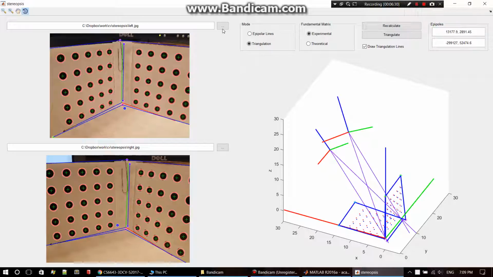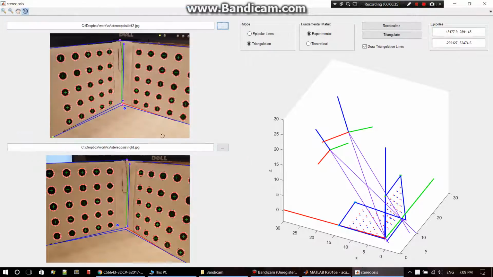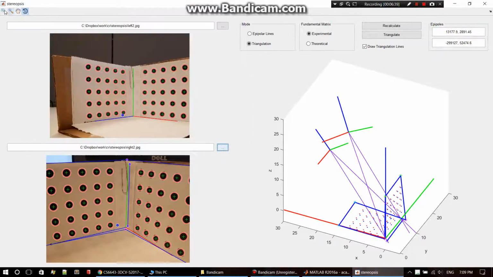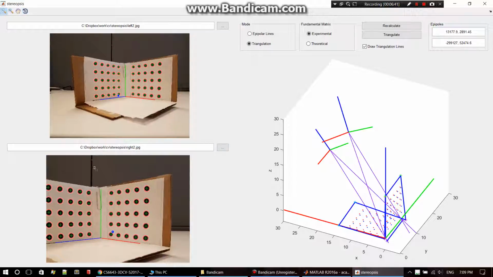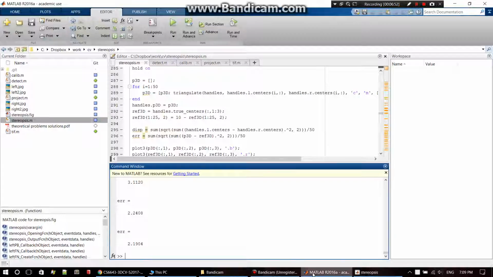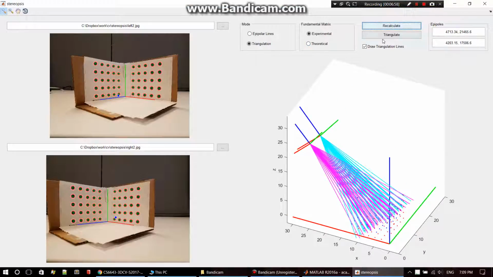I would like to demonstrate another thing with other set of images. Here, bottom image, right image was taken 4.9 centimeters to the right with respect to the left image. First we recalculate without triangulation lines.